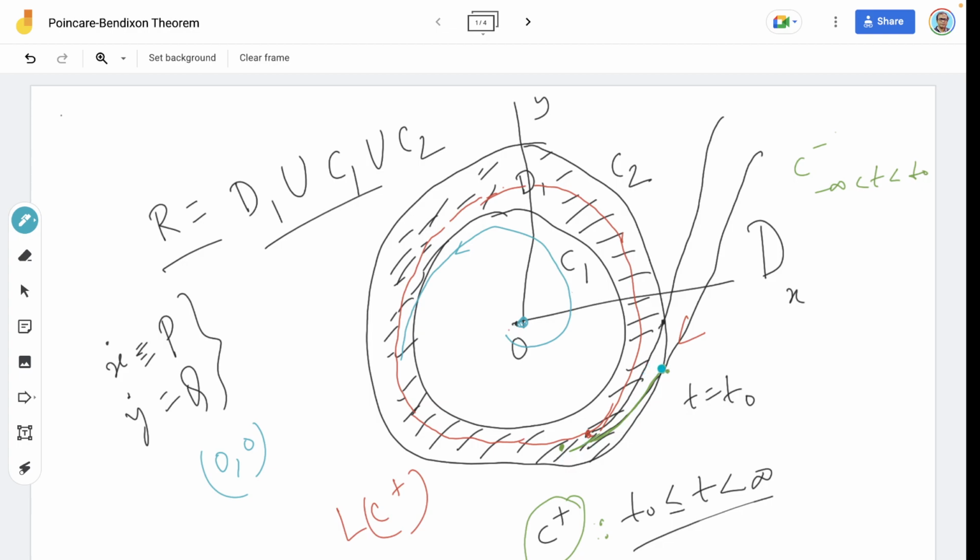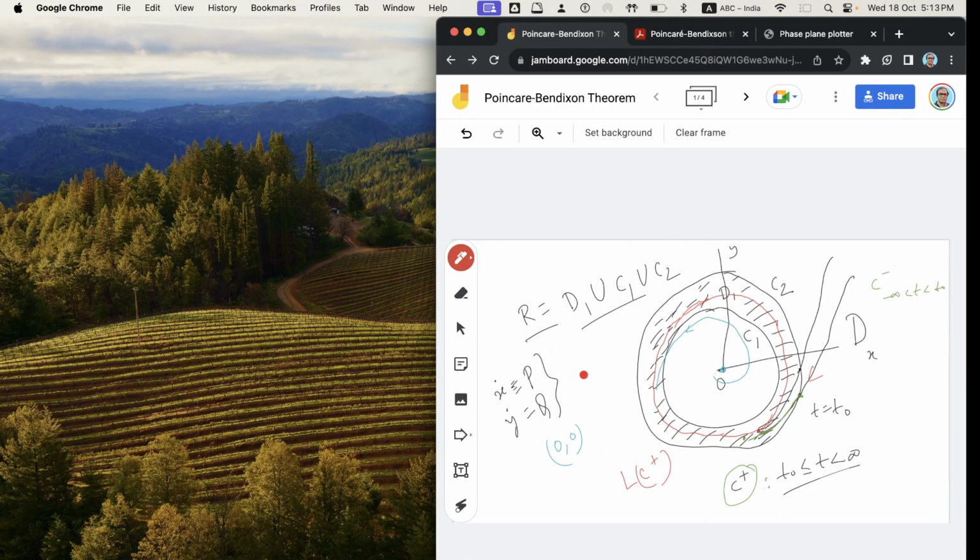So C plus is a limit cycle. This red path is called a closed path. This closed path exists for the system, and this is called the limit cycle. Actually, by this theorem, we get a closed path.